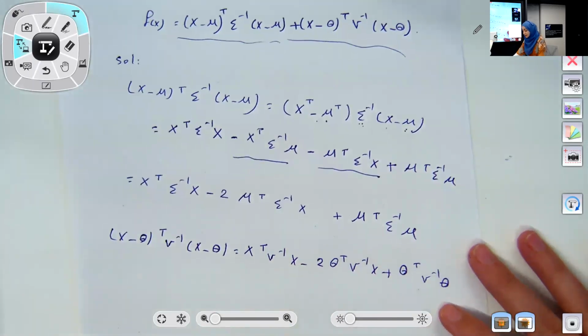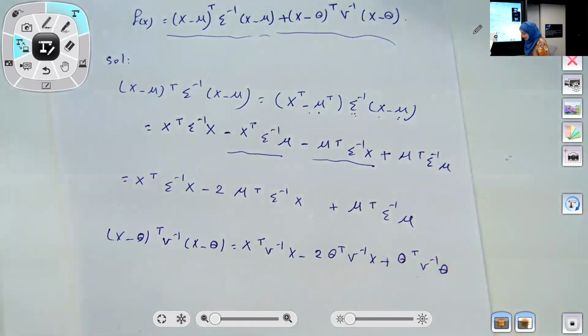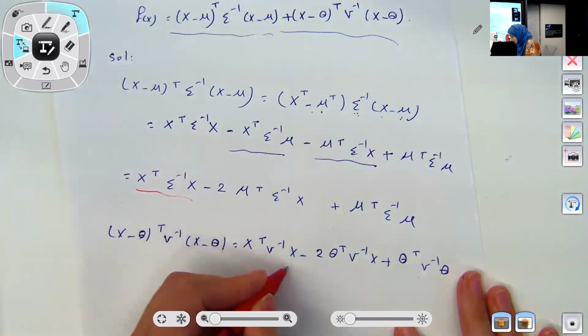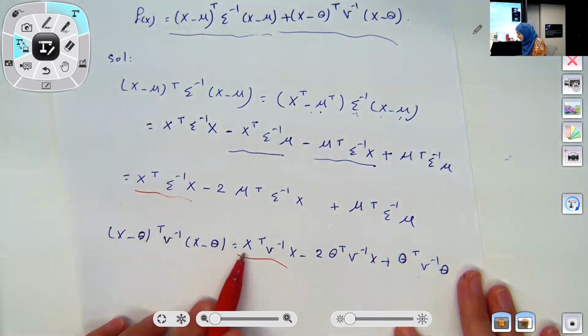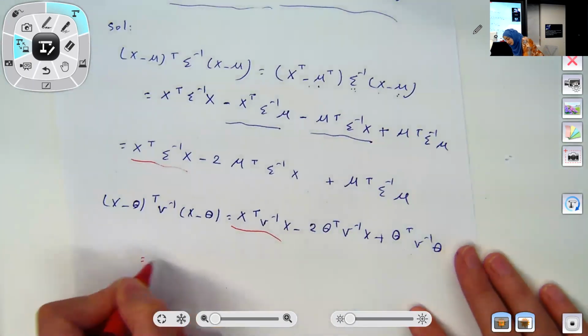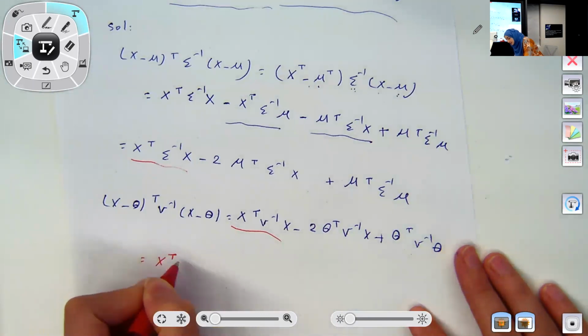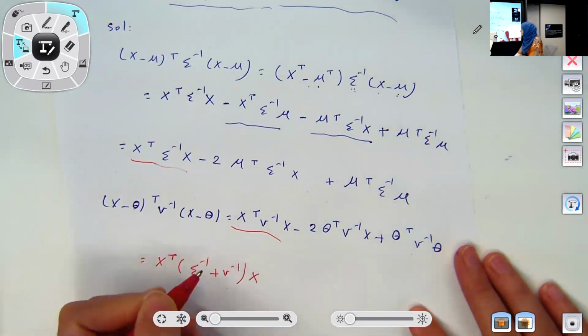Now we need to add these together. We can add the first one here with this one, because here we have x transpose sigma inverse x, and here we have x transpose V inverse x. So we can write it as x transpose multiplied with (sigma inverse plus V inverse) times x.